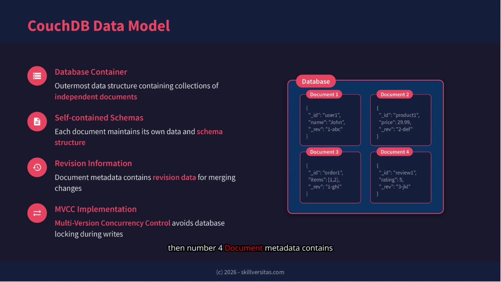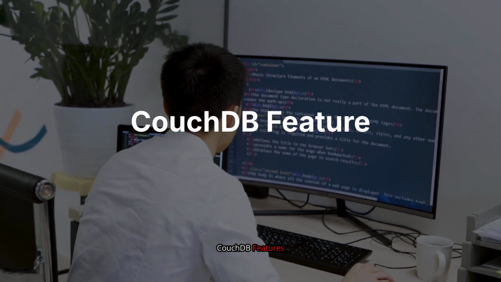Number 4, document metadata contains revision information, which makes it possible to merge the differences that occurred while the databases were disconnected. And the last one, number 5, CouchDB implements multi-version concurrency control to avoid the need to lock the database field during writes.